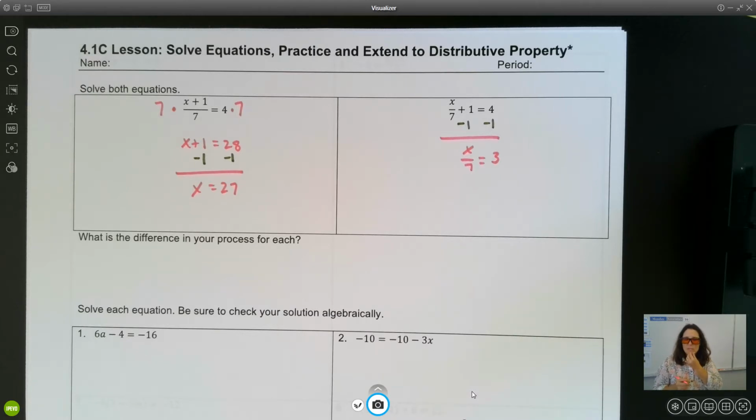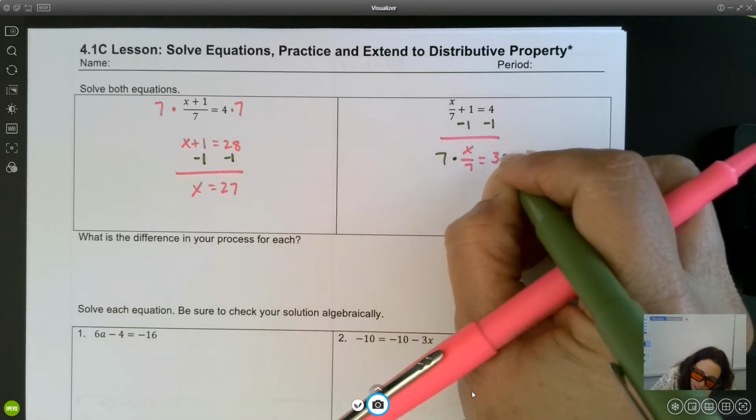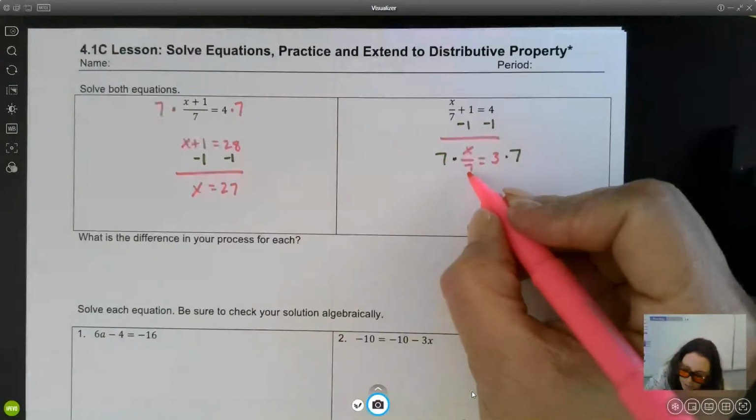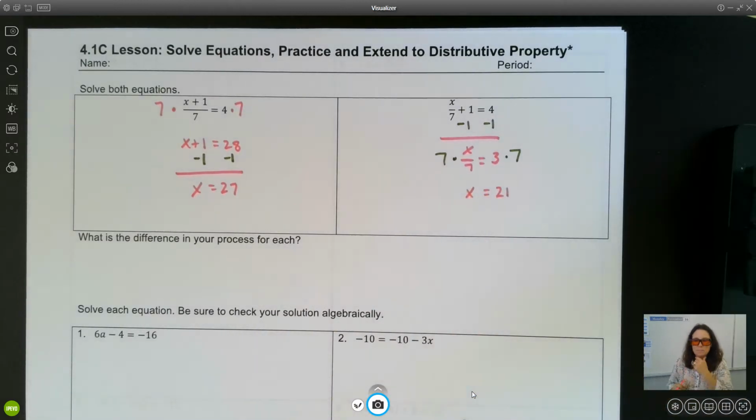The opposite, the inverse, is to multiply by 7. You can write it like this, or you can write brackets around the whole thing with a 7 there. It doesn't matter. So the 7s would cancel. I'm left with x equal 21.